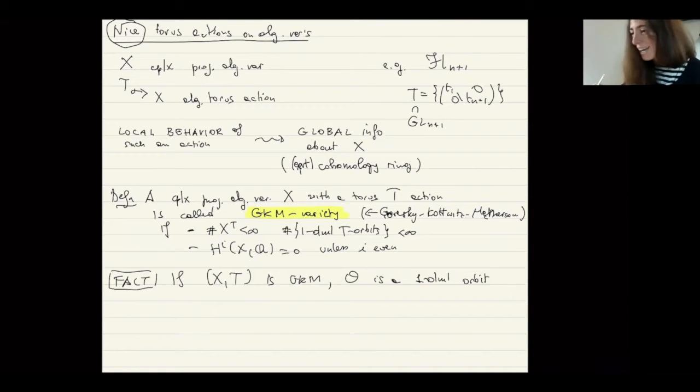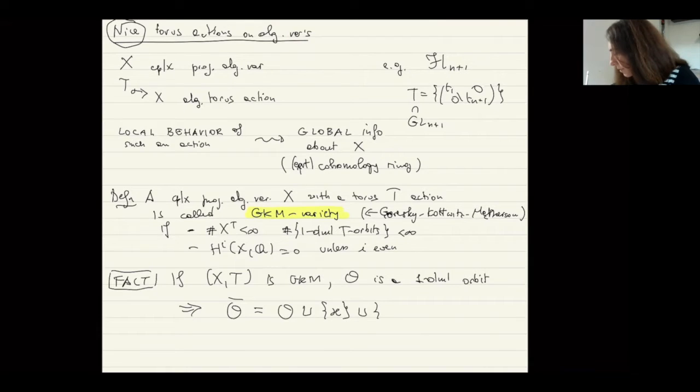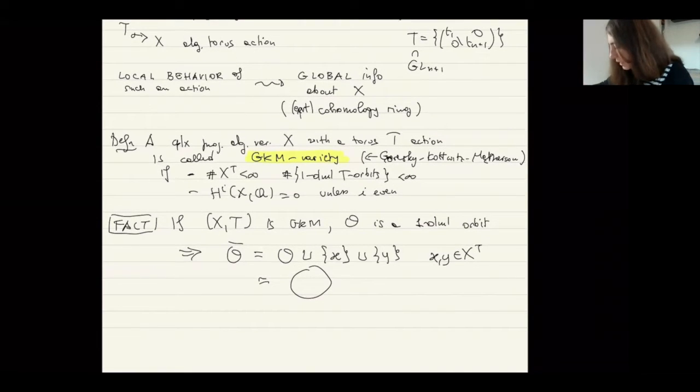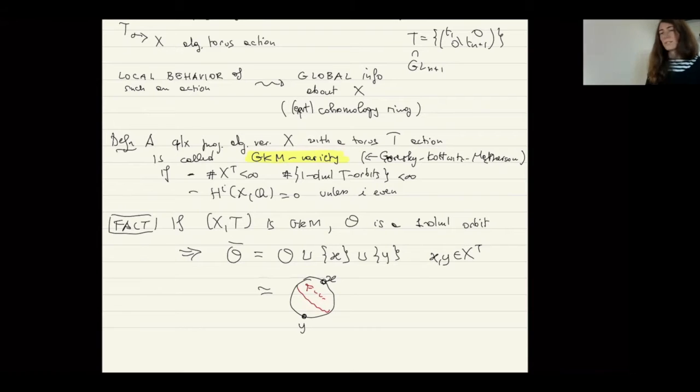Okay, so the closure of O is nothing but my one-dimensional orbit union two fixed points, distinct fixed points, X and Y in X^T. So it's a P1. So I have X, Y, and now the torus here acts rotating the sphere.